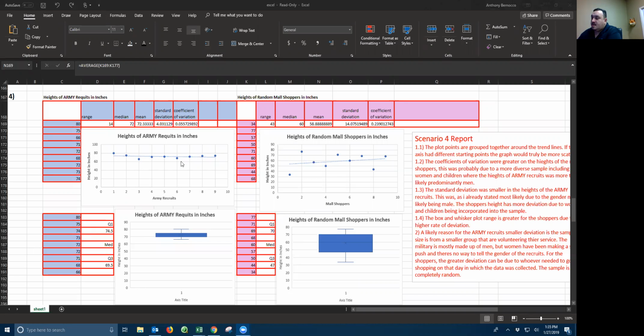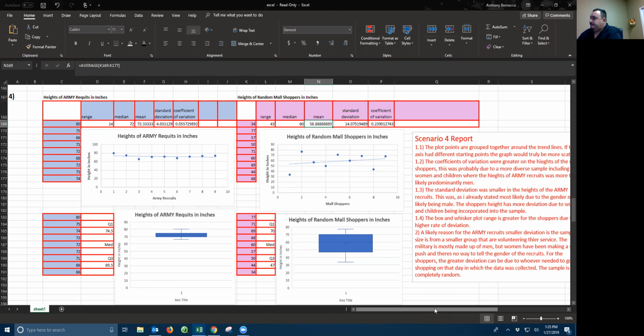We can see that the Army recruits are all close to the same height, where there's more variance in the heights of the mall shoppers, with one being close to 3 foot tall, and there's just more of a chance for some randomness in a shopping mall than in Army recruits.